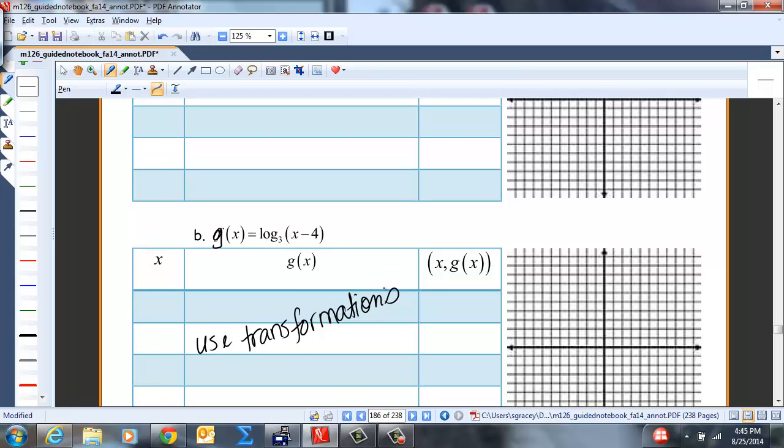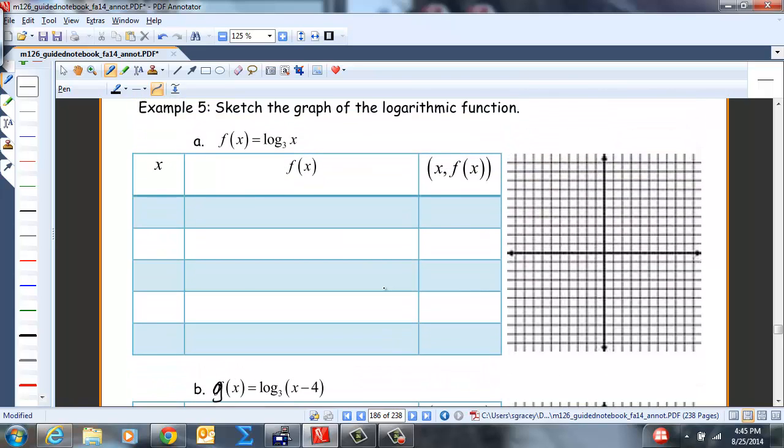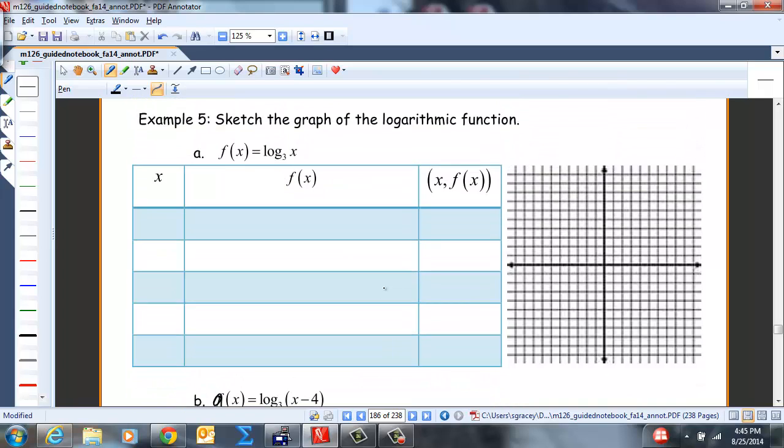Okay. So let's get this guy figured out first. So remember, what does this expression mean? This expression means the power to which we raise 3 to get x.